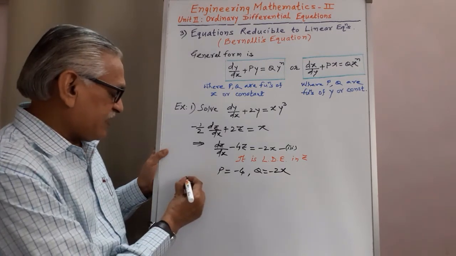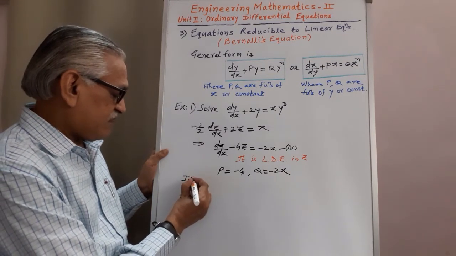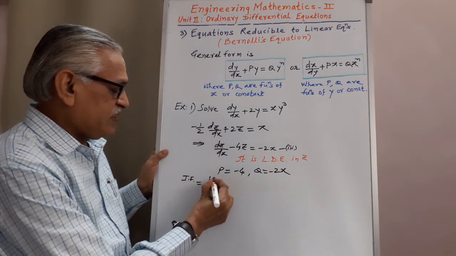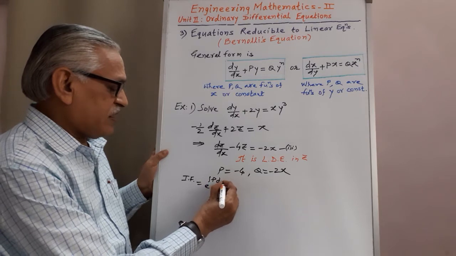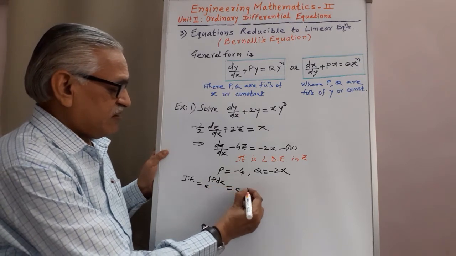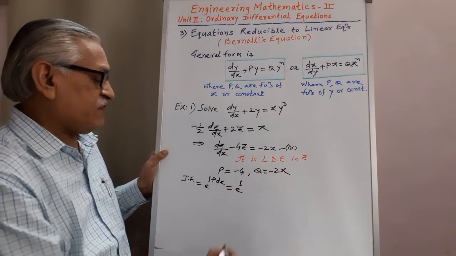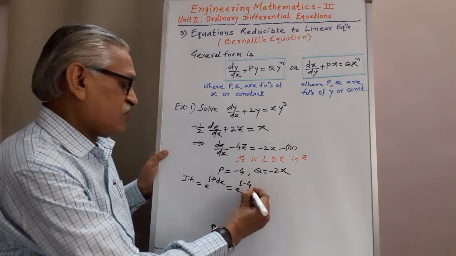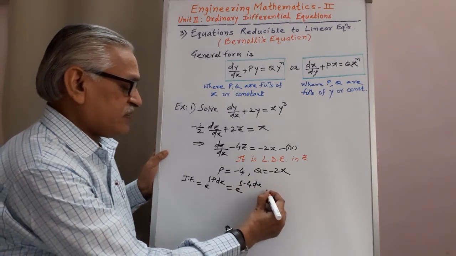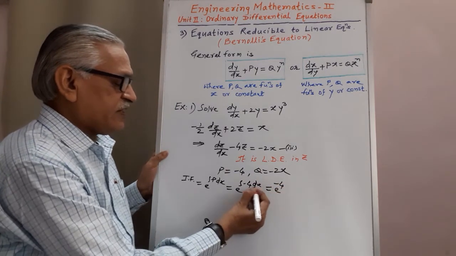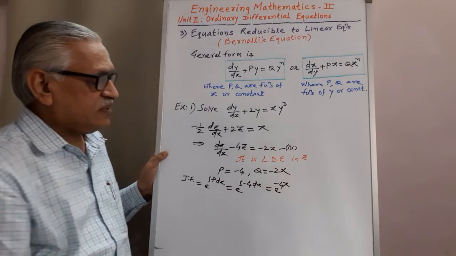Then we find the integrating factor as e raised to integration of P with respect to x, integration of minus 4 with respect to x, and therefore it is e raised to minus 4 integration of dx, which is x.